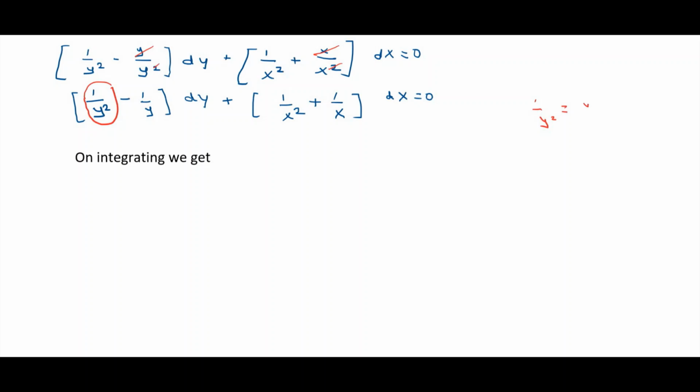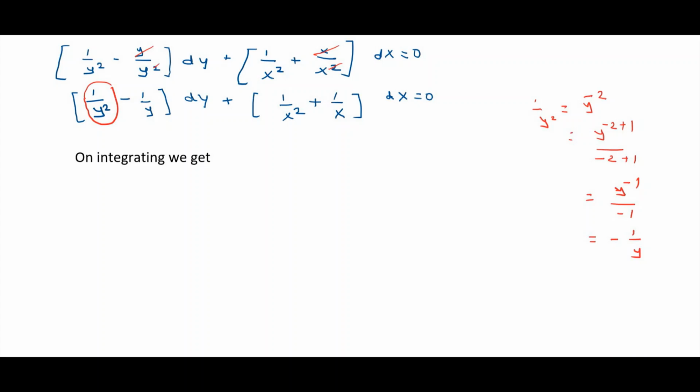We can also write it as y raised to minus 2. And what is the integration of y raised to minus 2? y raised to minus 2 plus 1 divided by minus 2 plus 1. If you simplify, you will get y raised to minus 1 divided by minus 1, and y raised to minus 1 we can write as 1 by y.